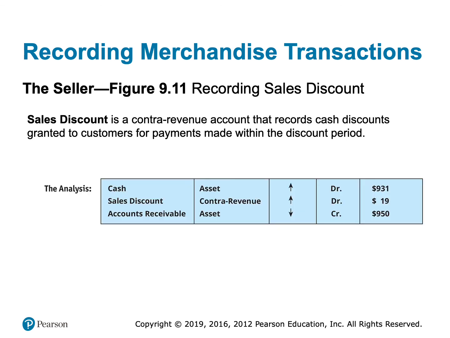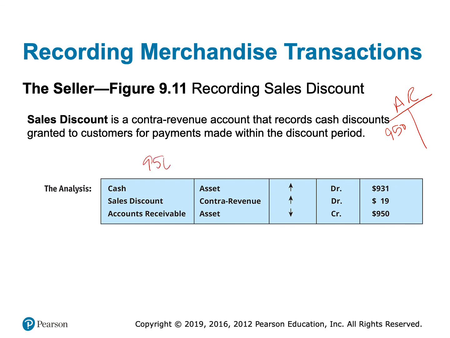So let's say that the customer paid us within 10 days. Let's say that they didn't return the item, so they're just going to pay us. They owe us $950. Let's go back and look at our accounts receivable account. Remember, we debited accounts receivable for $950. But because they get a 2% discount, they're not going to pay us all $950.